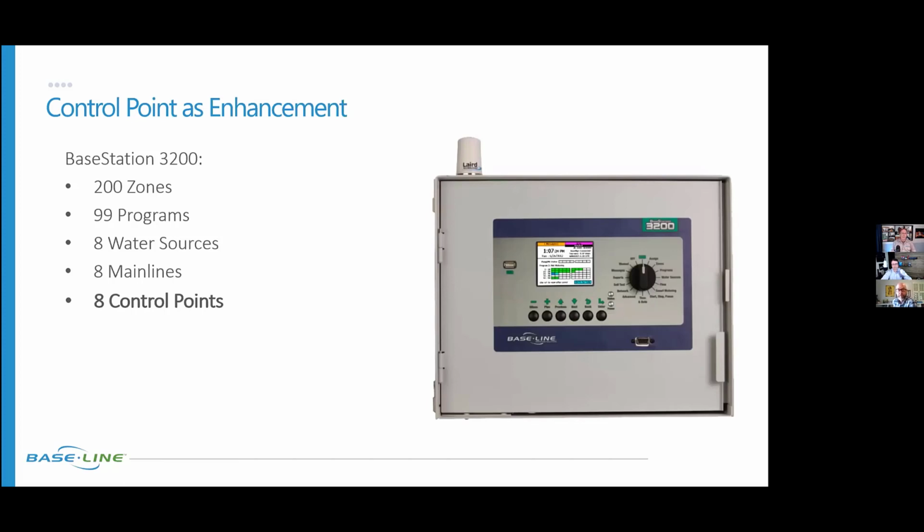Yeah, and it's good to point out too that there's a lot of existing 3200 controllers out in the wild that have been installed over the last 10 to 15 years. And this technology didn't exist before maybe about a year ago or so, year and a half ago. And you can update any of these older 3200 controllers so long as the hardware is compatible, and you can add control points.